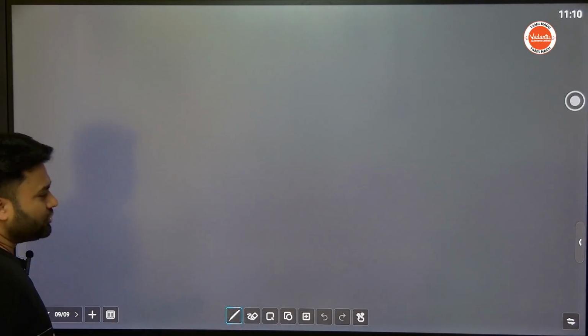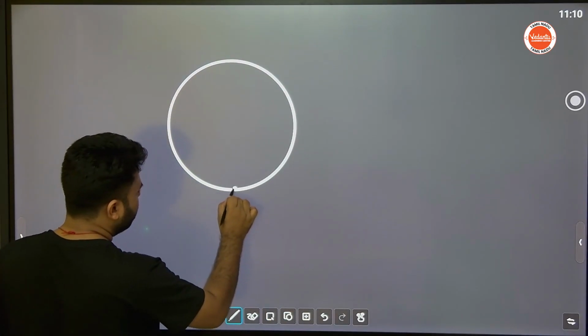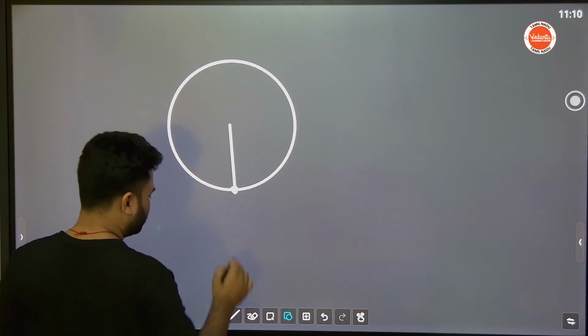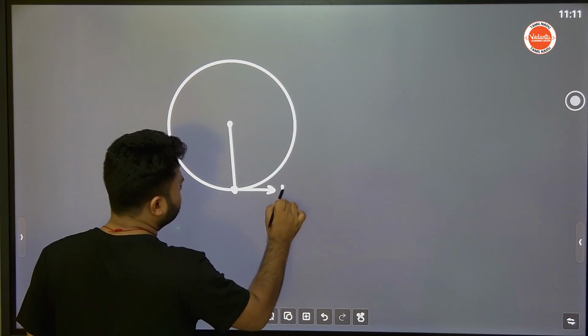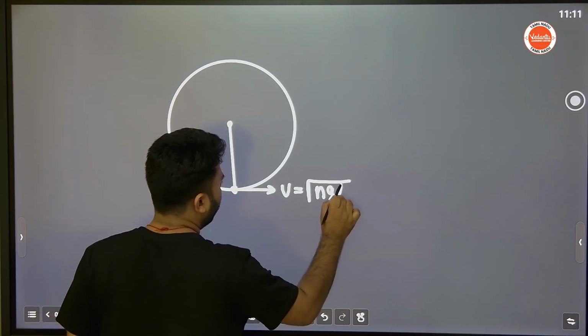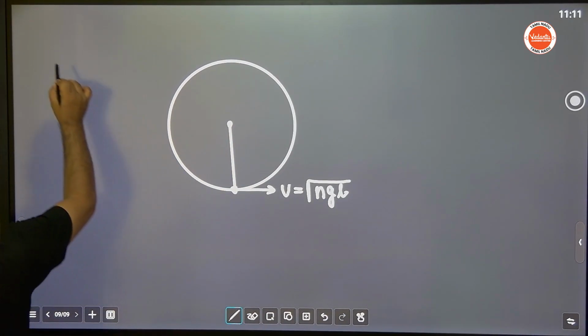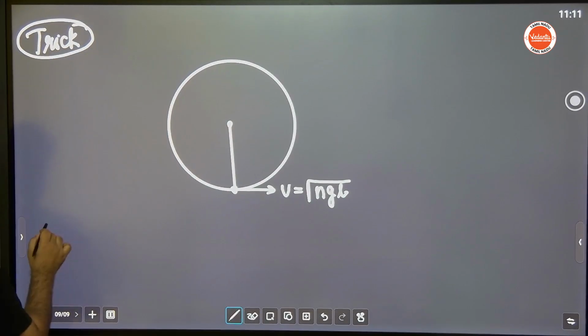See, one short trick I am giving to you. Suppose the object is performing vertical circular motion, and here they have given the speed at the bottom. Suppose the speed at the bottom is under root n gL. Correct? Always remember the shortcut which I am telling you right now. This is applicable for n greater than or equal to 5.